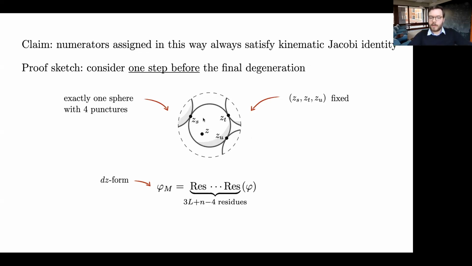Let me denote the punctures which are fixed by zs, zt, and zu, and the one remaining degree of freedom as z. So our moduli space now became one-dimensional, and we have a differential form which is obtained by a chain of residues, except for the last one.